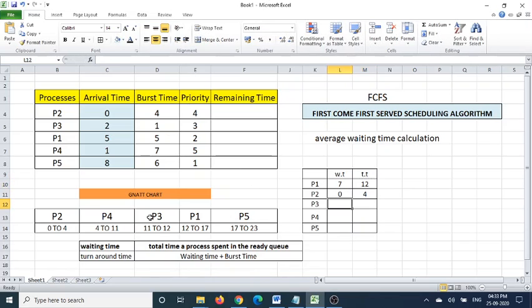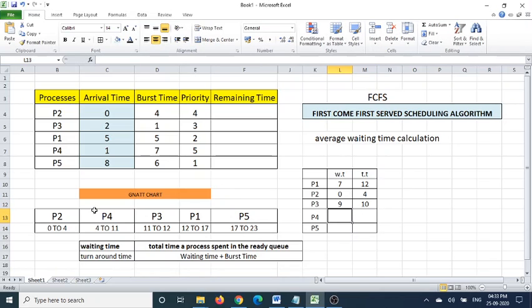P3, if you see, P3's start time is 11 and P3's arrival time is 2. It came into the queue at the second time unit and got the CPU at the 11th time unit, so 11 minus 2, 9 is the waiting time. P3's burst time is 1, so 9 plus 1 is 10.